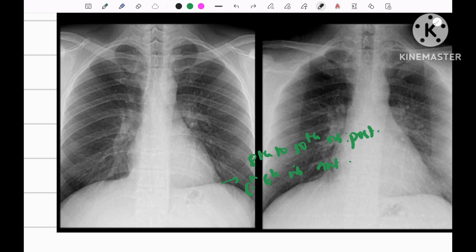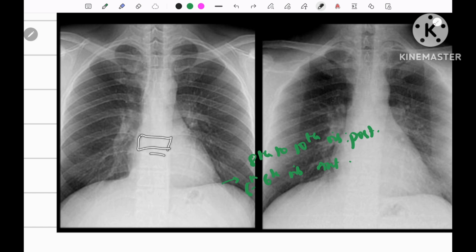Now let's talk about the penetration. In a normal penetration X-ray, this is the side of the heart, and beneath the heart shadow the vertebra should be visible.